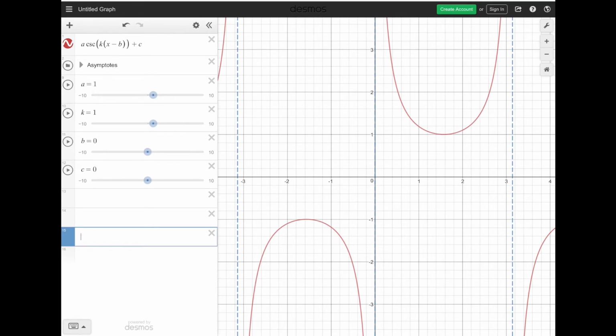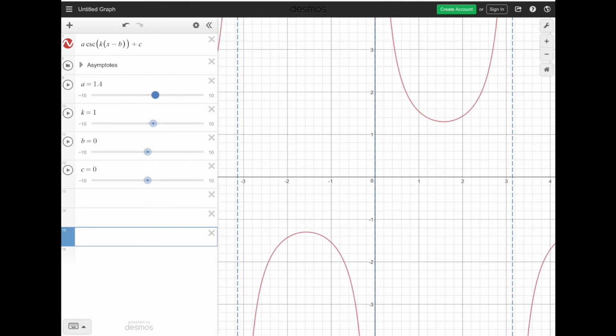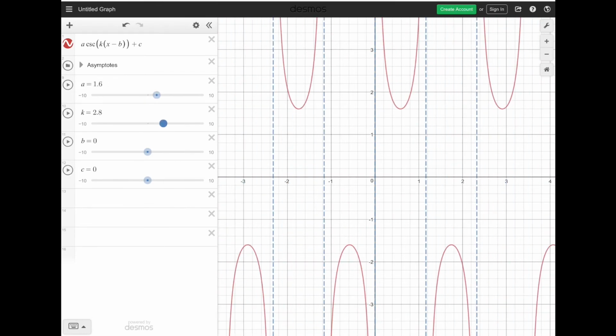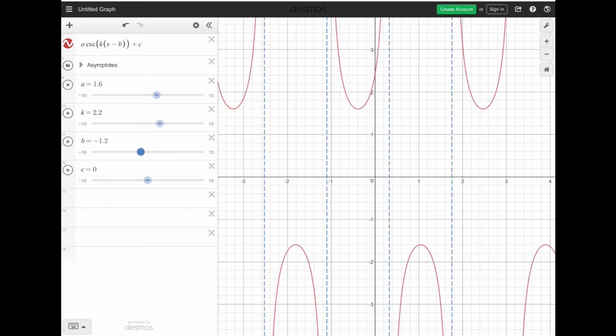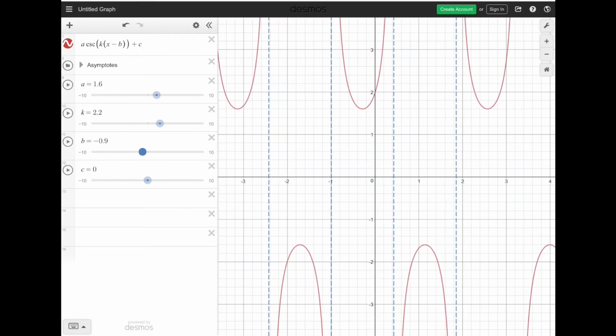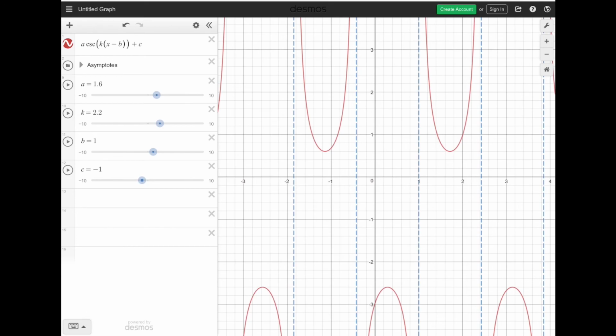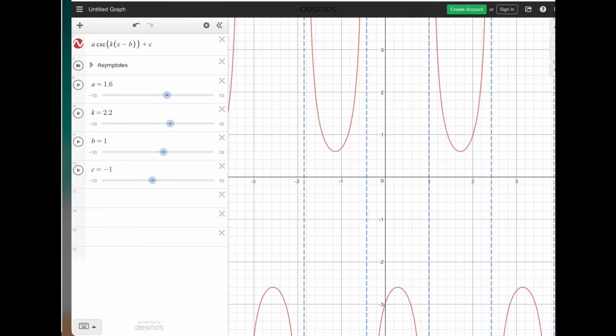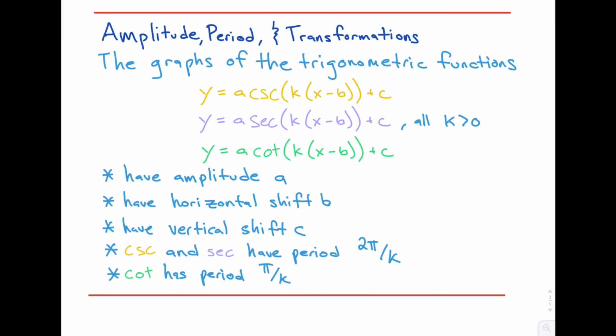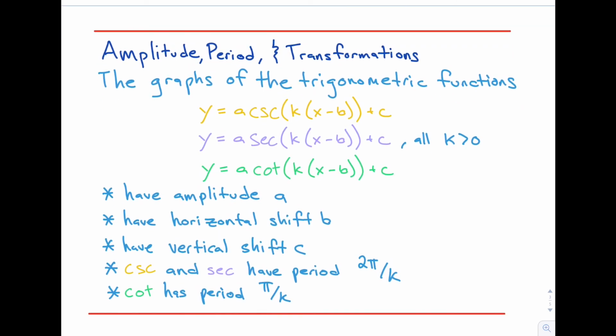And changing C, we're moving the whole thing, including this midline between the top half of the graph and the bottom half of the graph, all up or down. So changing the amplitude, changing the period, changing its position left to right, and changing its position up and down. So that's amplitude, period, and transformations.